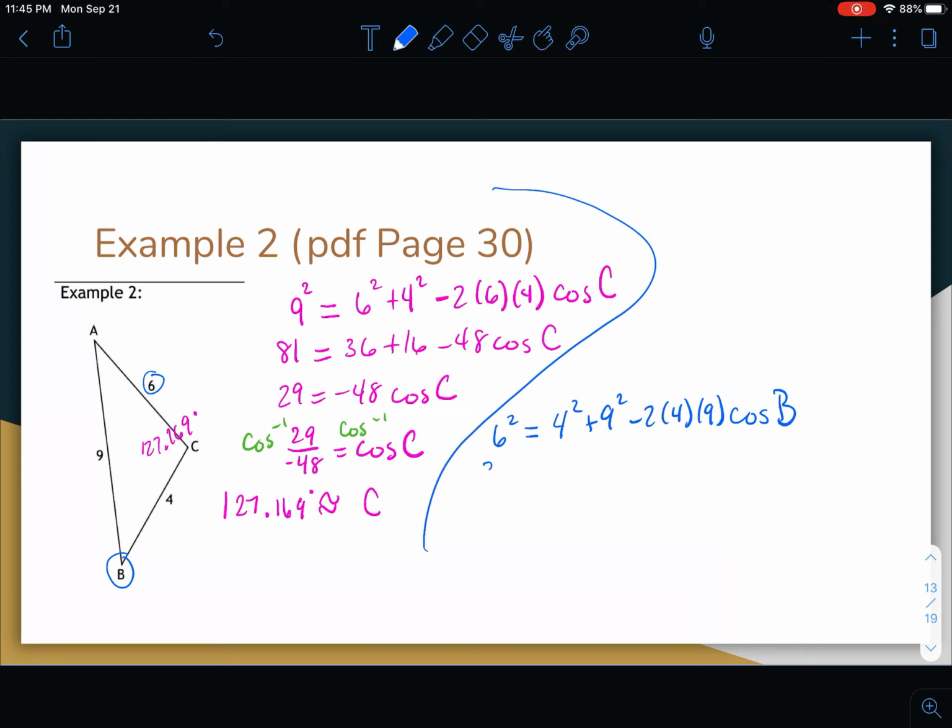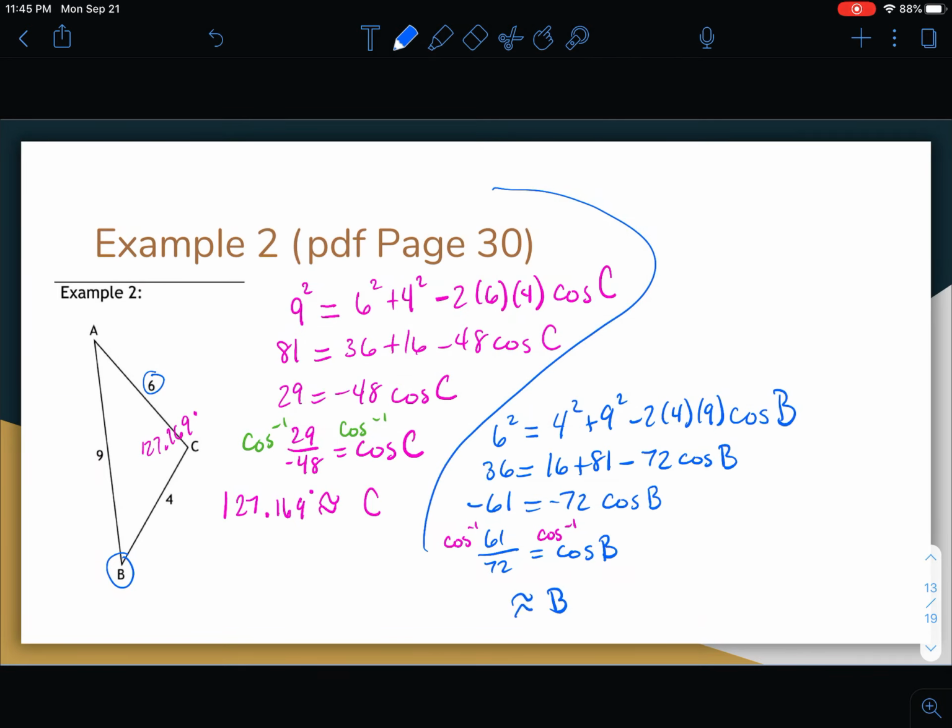And we're doing the same thing here. We have 36 equals 16 plus 81 minus 72 cosine of B. We're going to go ahead and subtract 16 and 81 from both sides to get negative 61 equals negative 72 cosine of angle B. We divide both sides and we get 61 over 72 is cosine of angle B. And now we will go ahead and show that we are taking the inverse cosine of both sides.